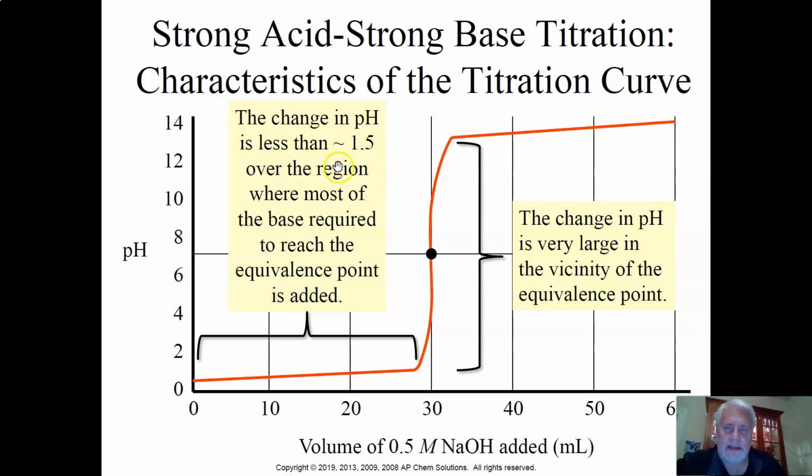So again, the change in pH is less than 1.5 over the region where a ton of base was added. Okay, so it took that much before there was a change, and then the change is very large in the vicinity of the equivalence point. The graph kind of speaks for itself, but pause and write that down if you want.